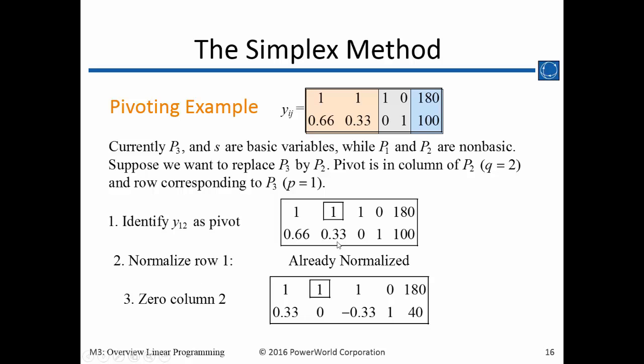And then zero out all the other columns by taking linear combinations of those equations. So you can zero this one out by taking negative 1/3 times this row and adding it to this row. Then we've come up with different numbers, but we haven't changed the set of equations. So taking negative 1/3 of this and adding it to this gets you a 0 right here, and these numbers change accordingly.